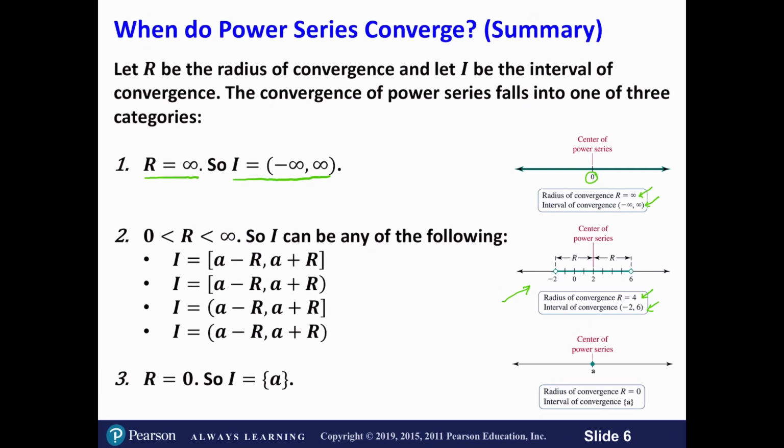And the third possibility is that the radius of convergence is 0. And if that is the case, then it will only converge at a.